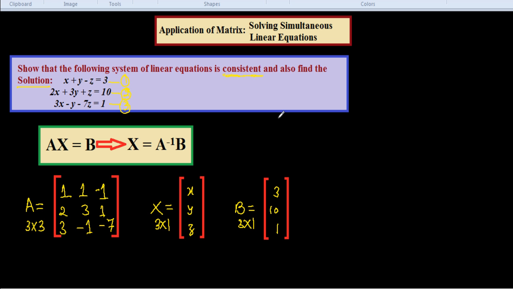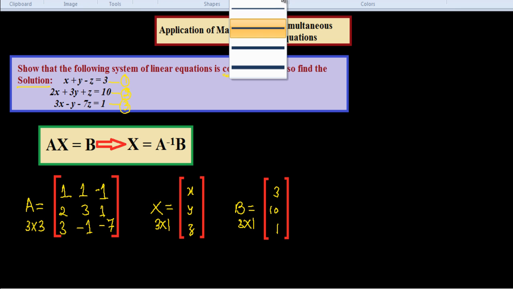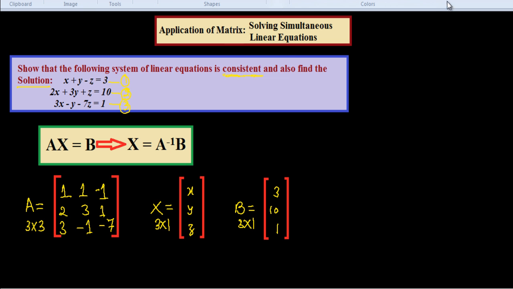Now I would like to explain something more. Look at this. We have written that A into X is equal to B. We have to find the values of x, y, z.